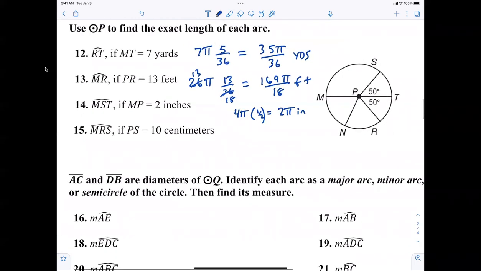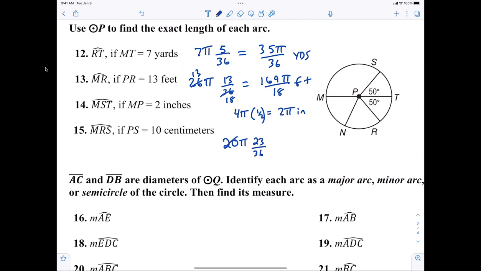Okay, PS, what is PS? So the circumference, 20 pi, and we need 230 out of 360, right? So that's 23 over 36.